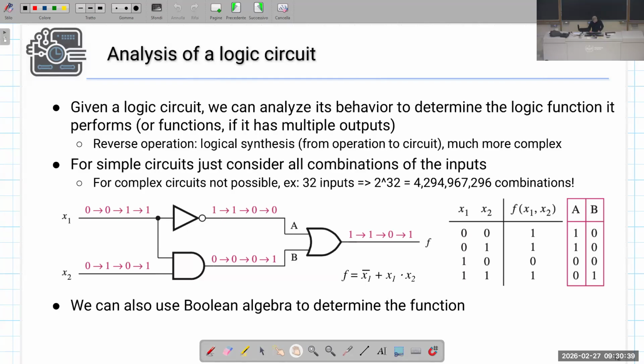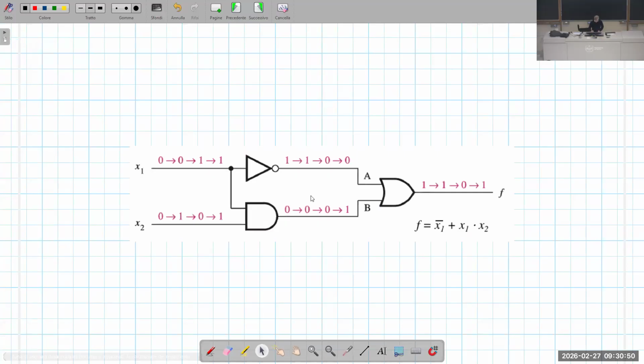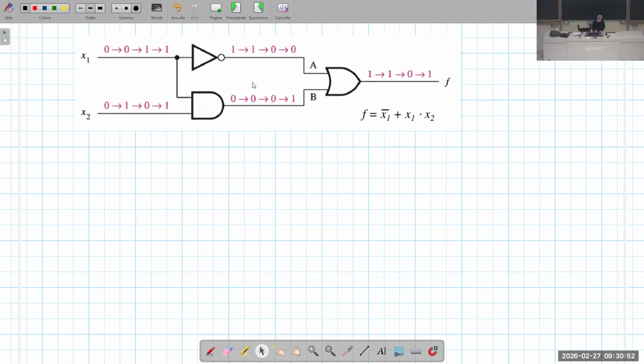I would like to show you an example of that. If we have a circuit composed of an AND gate, an inverter, and an OR gate connected in this way, we want to analyze the behavior of the circuit.